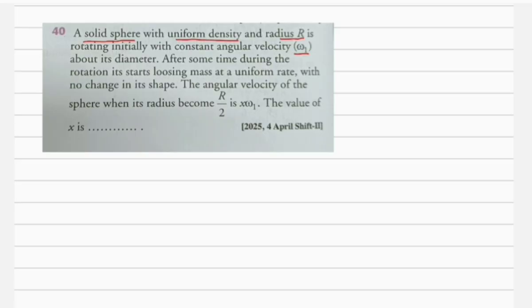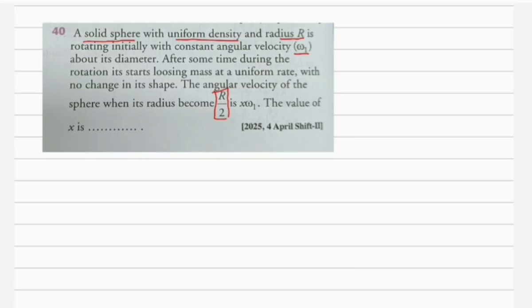Now it is losing mass and the shape is not getting affected. That means both times the shape is a solid sphere, so the moment of inertia will remain the same, 2/5 mr². Its radius is becoming r/2.